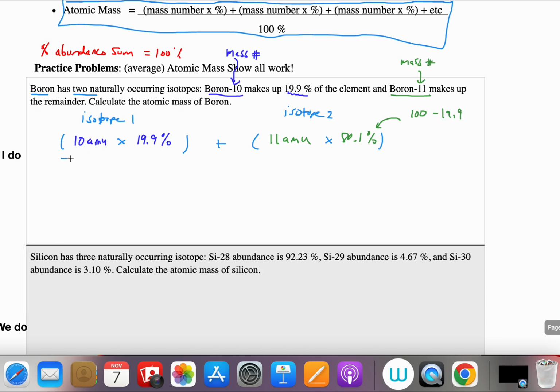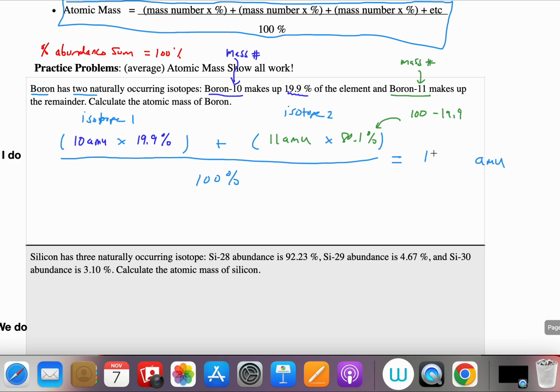Now I need to divide this by 100% to eliminate the percent signs, so that mathematically I am just left with the AMUs. Record your average atomic masses that you calculate to the nearest hundredth.